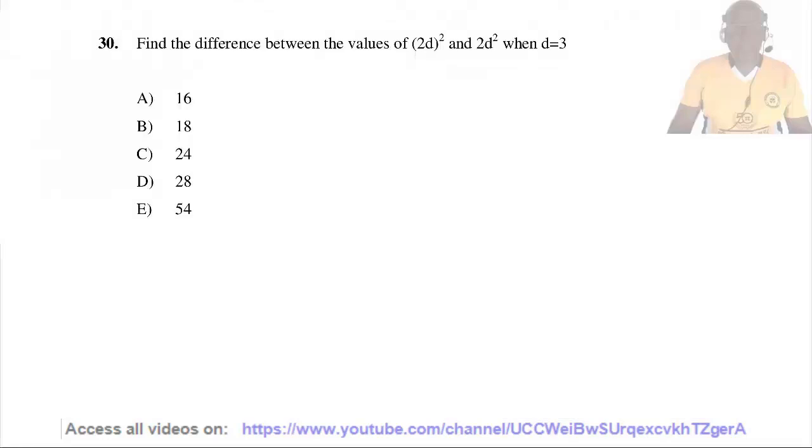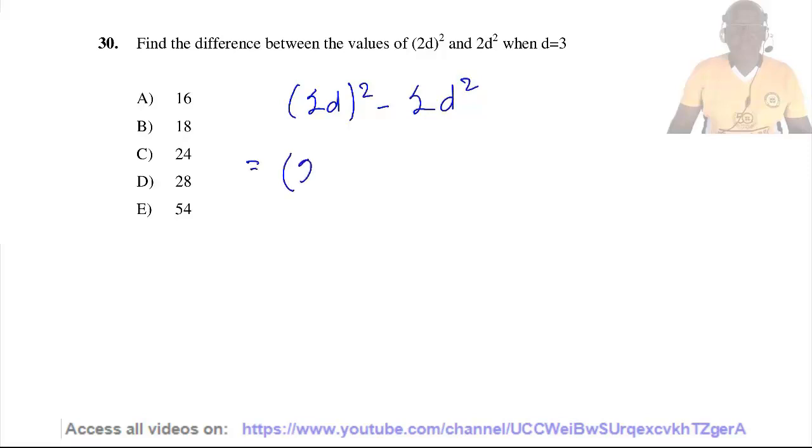In 30, find the difference between the values of (2d) all squared and 2d squared when d is 3. That is, the difference is going to be (2d) all squared minus 2d squared.